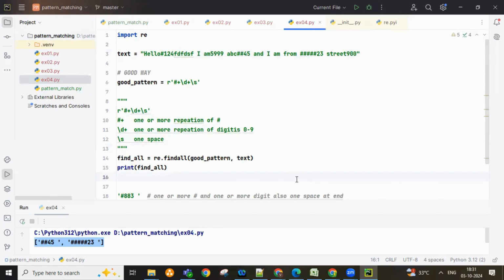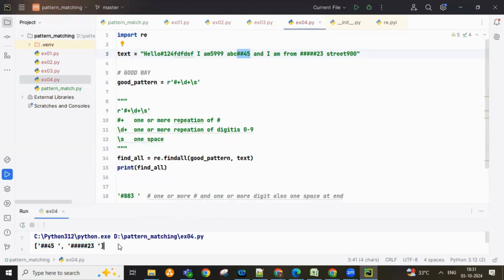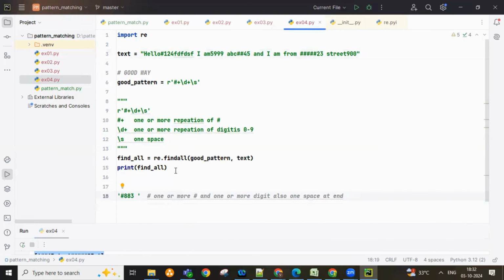Since there is a pattern, for example a double hash pattern, this is the first user. Based on this, you can write a pattern and get the data. Currently, how many users are there? We just have two users, for example, in this match. Like this, it will keep going, guys. Clear? Now, let us move forward with a couple more examples, writing good patterns.